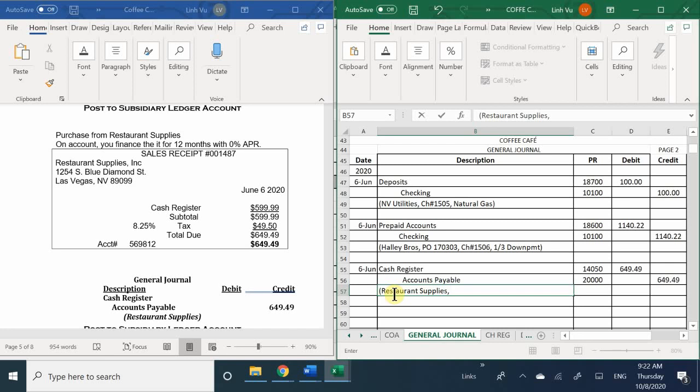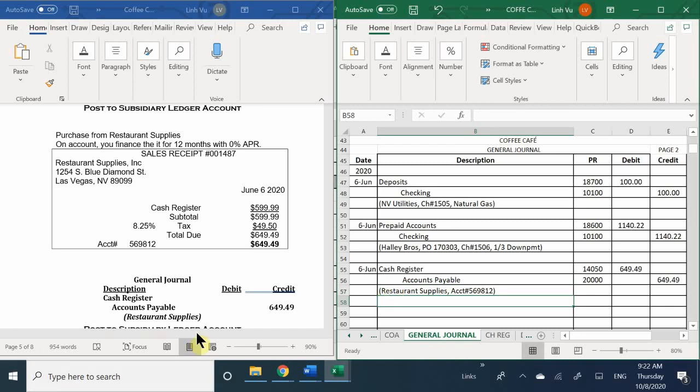So in this case, my account number was 5698. Okay?